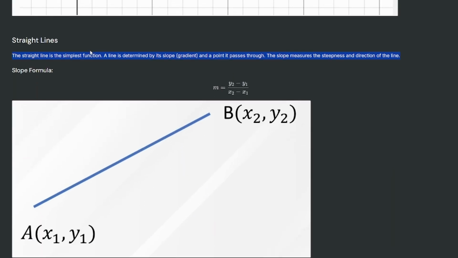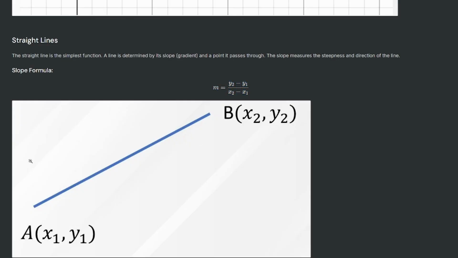Okay, and let's go to straight lines. What are straight lines? Basically, they are the simplest type of function, and a line is determined by its slope. Slope means gradient, steepness or direction of the line. We can calculate slope using any 2 points.